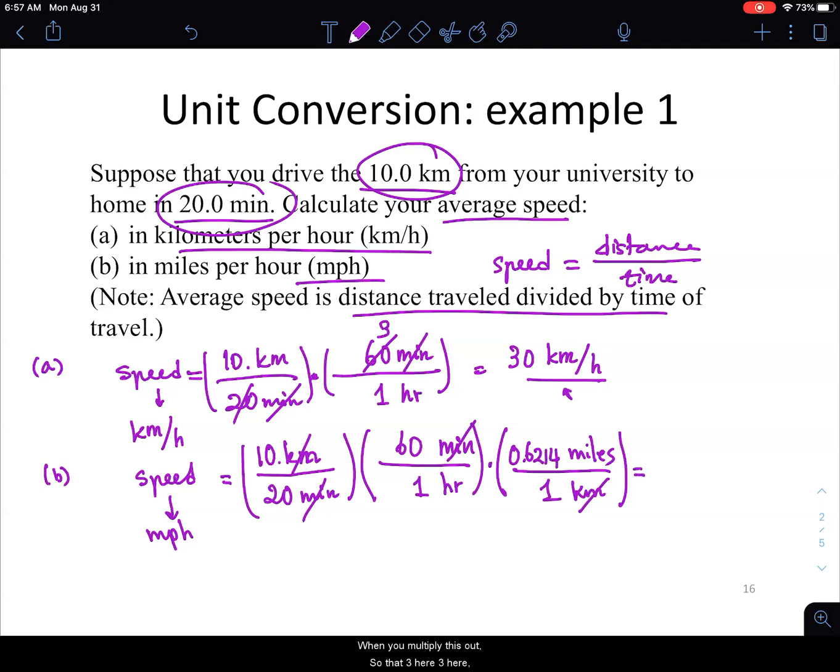So when you multiply this out, that will be 3 here. So basically 30 multiplied by this factor, you end up with something like 18.6 miles per hour. That's a little bit slow, but it's still within the order of magnitude.